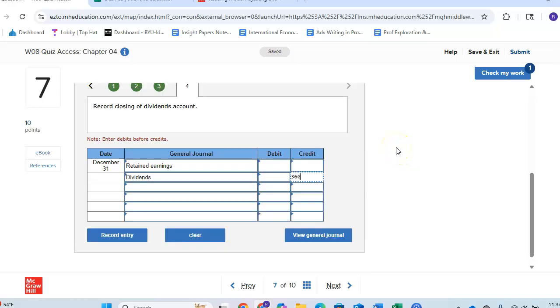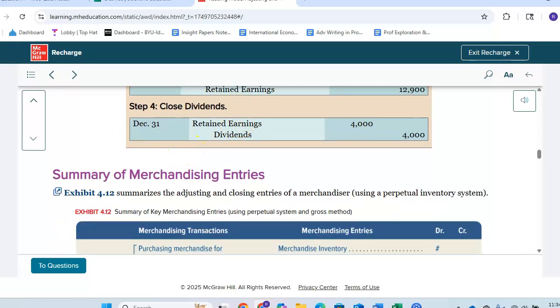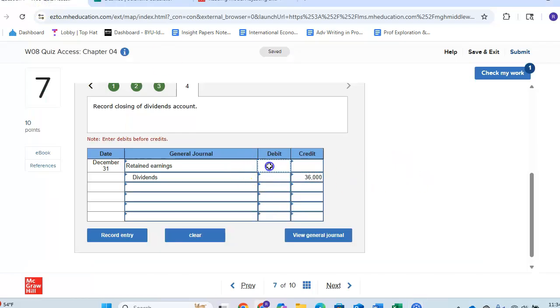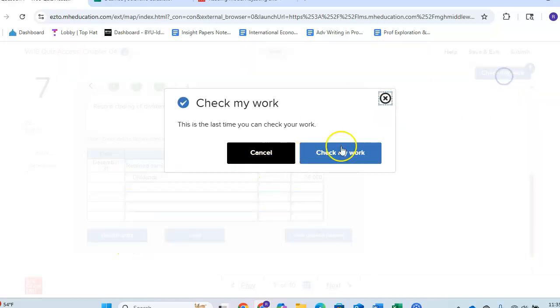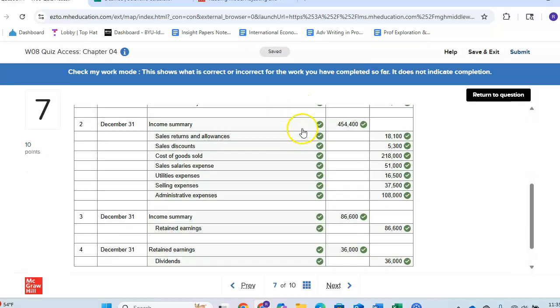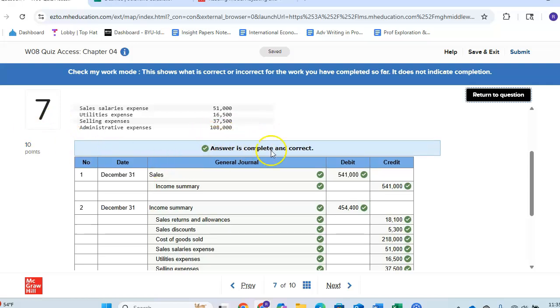So it'll be 36,000. And we can see that in the reading down here where we debit retained earnings and credit dividends. And then if you check your work, it should be complete and correct.